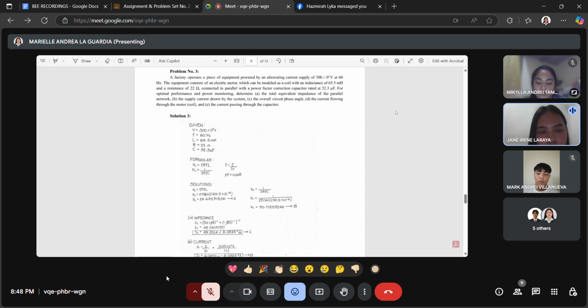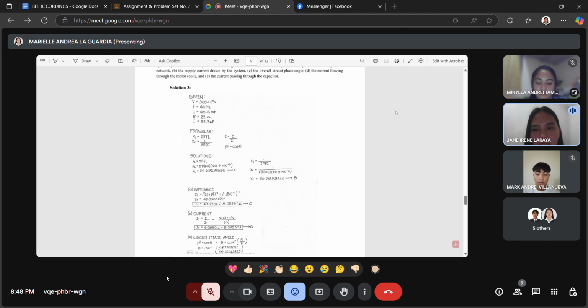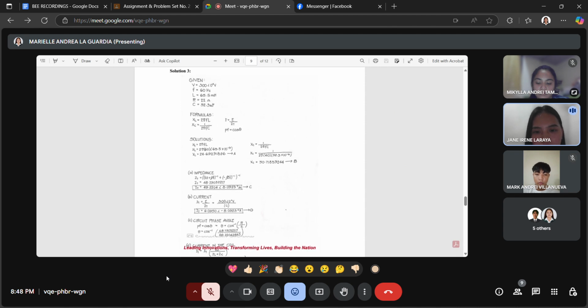So we are given 300 volts at an angle of 0 degrees, a frequency of 60 hertz, a resistance of 22 ohms, an inductance of 65.5 millihenries, and a capacitance of 52.3 microfarads.